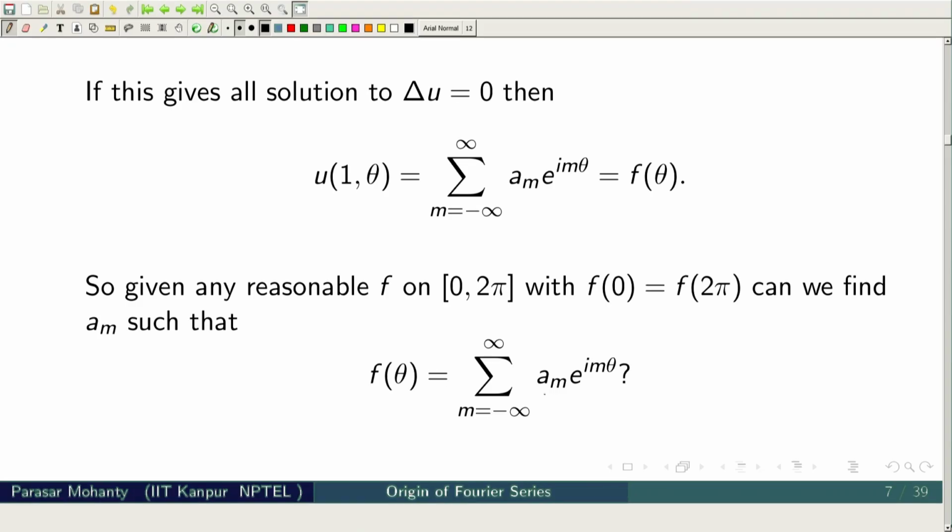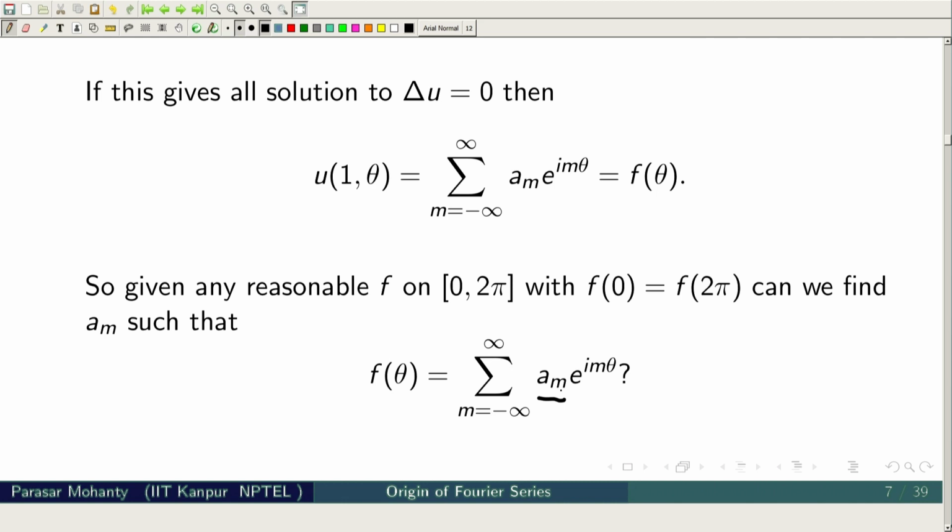First of all, given an f, what are these a_m? Can we determine these a_m? That is the first question which Fourier answered.